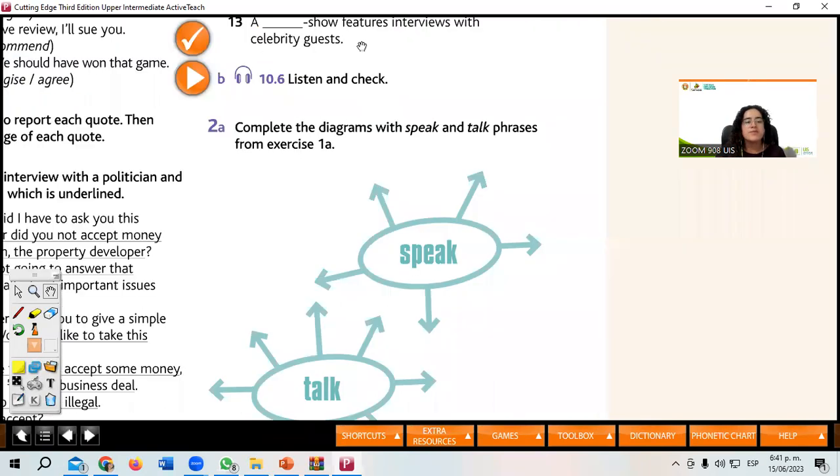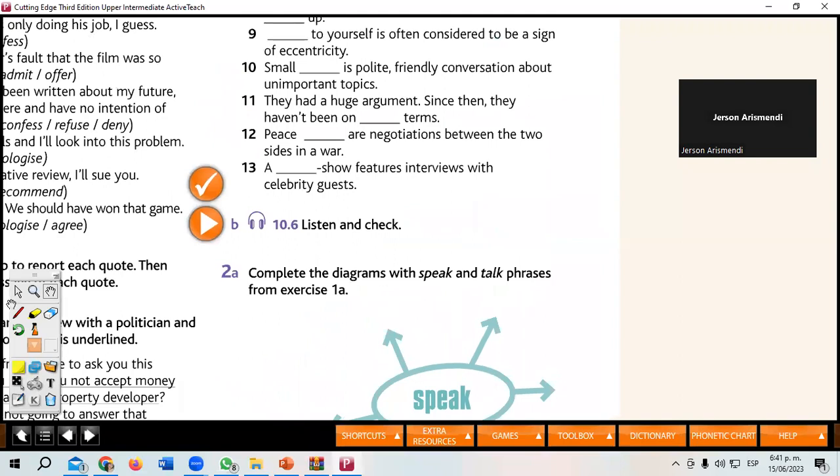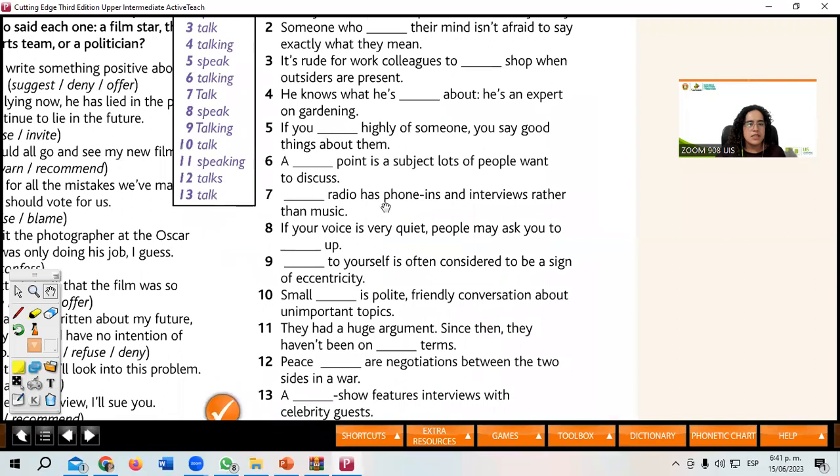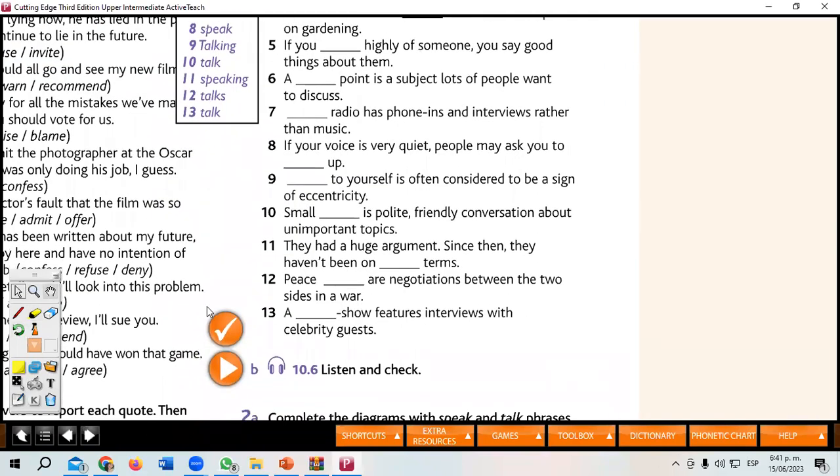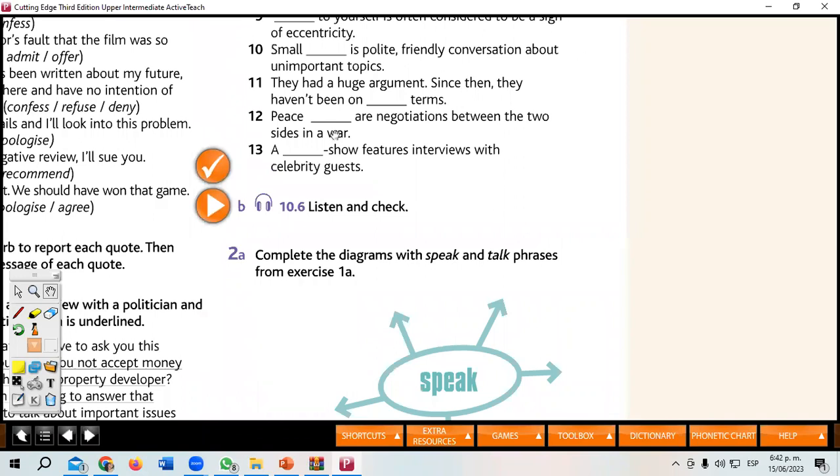Yes, Gerson? Teacher, could you share the answer again, please? Okay, no problem. There we have the answers. Thank you, teacher. All right. Perfect. So you're going to check and complete the chart, the diagrams, with phrases from the first exercise.